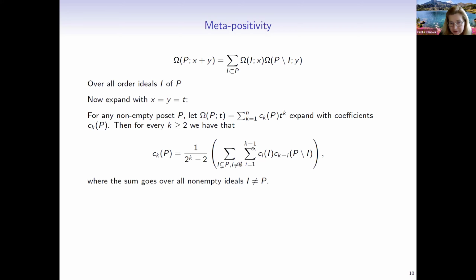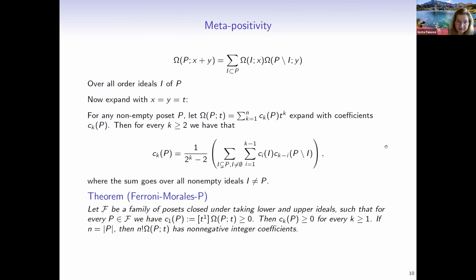But what this gives you here is a certain basis for induction. And so we can formulate this as a meta theorem. So if your family of posets is such that these order ideals are also part of the family for each poset, so it's a family closed under taking lower and upper order ideals, and we also have that the linear coefficients are non-negative, because we cannot extract anything about linear coefficients from this identity.